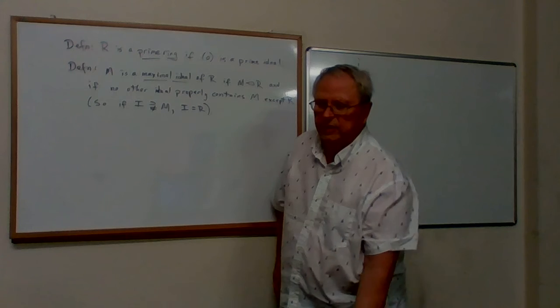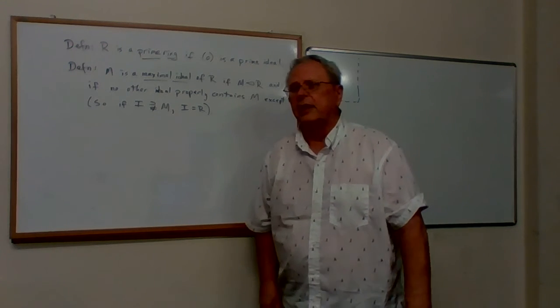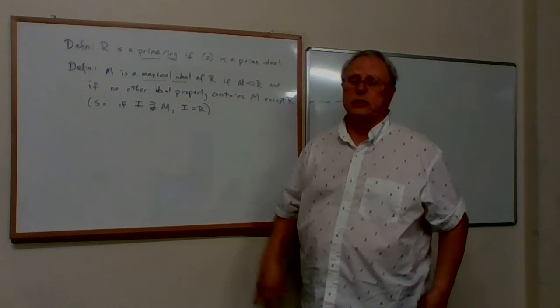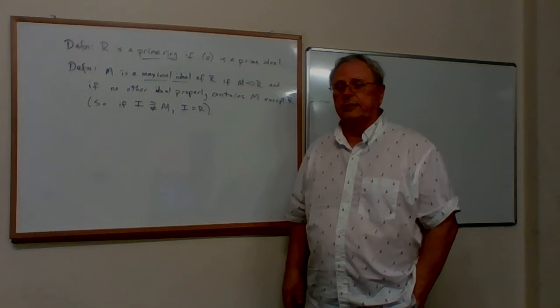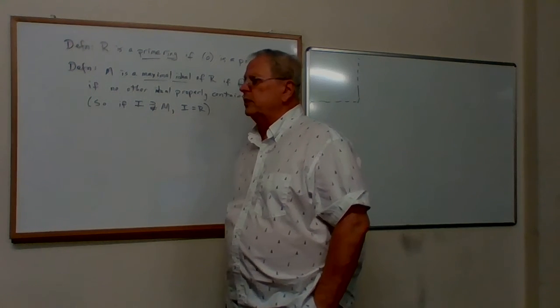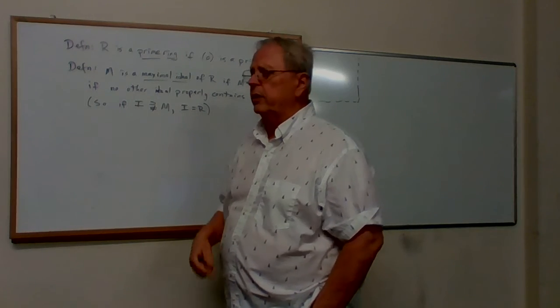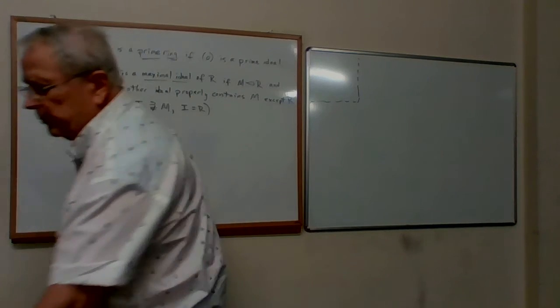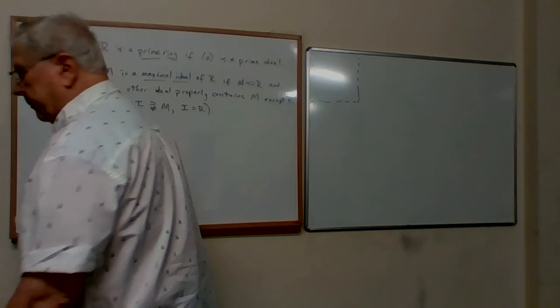And we're going to be able to see that very clearly. And of course, the zero ideal is not a maximal ideal simply because it's contained in all of the other ideals. But let's do some criteria for when a ring is a prime ring.